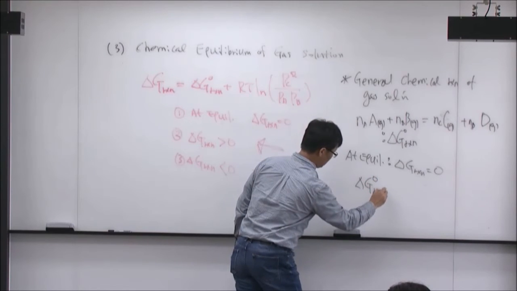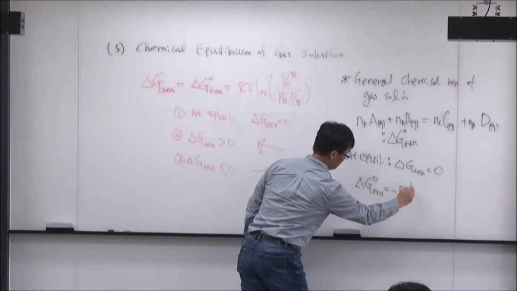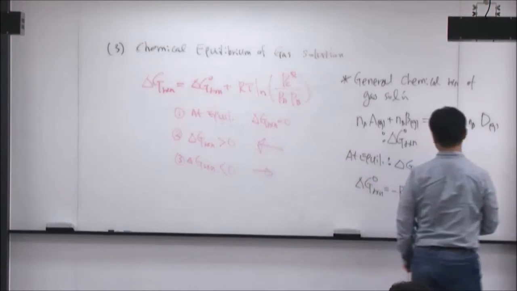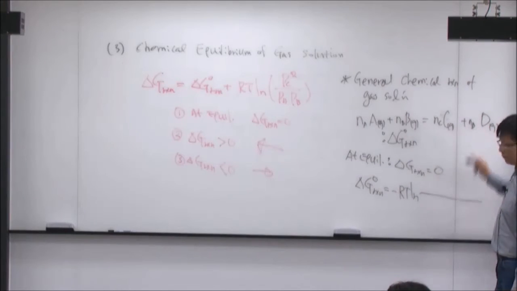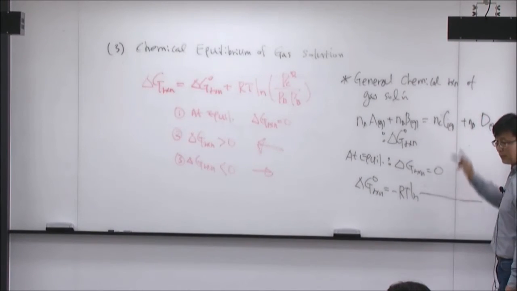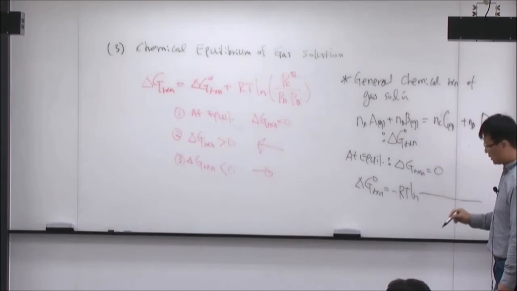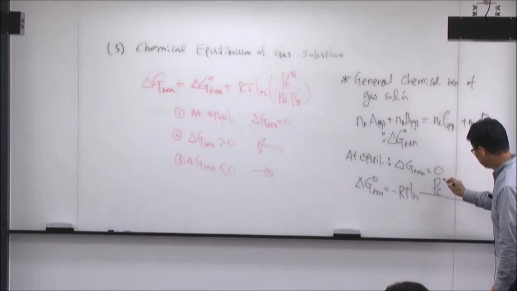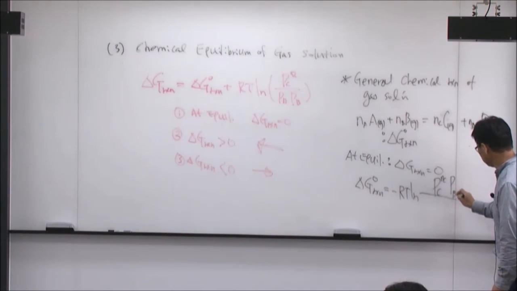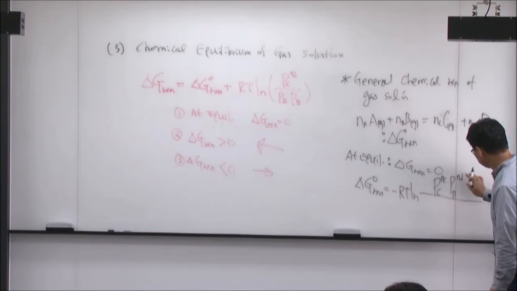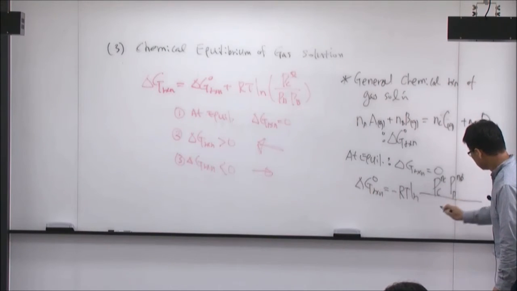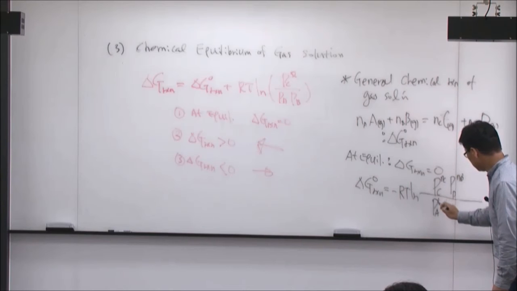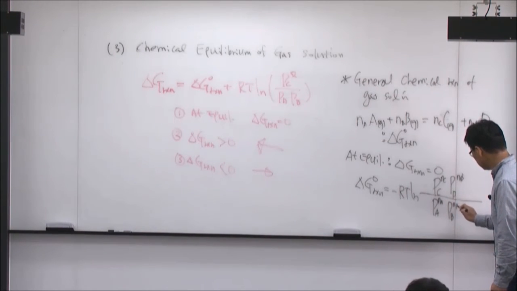So in the end my delta G naught of reaction equals minus RT ln of the equilibrium constant, and the equilibrium constant is the product value divided by the reactant value: partial pressure of C to the power NC, partial pressure of D to the power ND, over partial pressure of A to the power NA, partial pressure of B to the power NB.